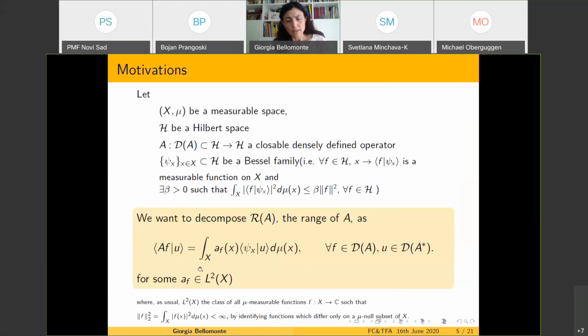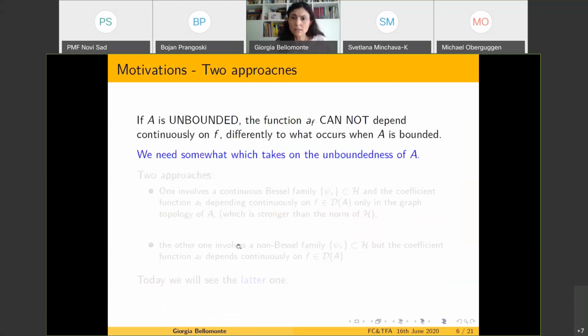But if we have an unbounded operator A, this function in L2 can't depend continuously on f, differently to what occurs when A is bounded, and so we need something which takes care of the unboundedness of A. We have to overcome the unboundedness of A in some way.